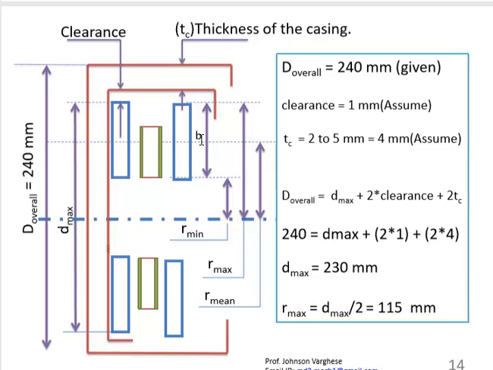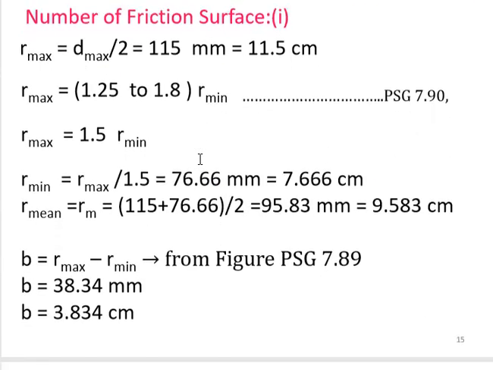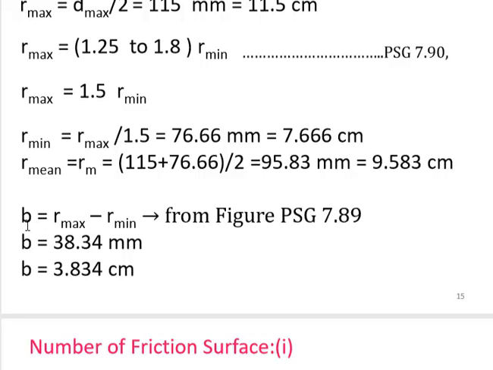You can find small b if you know R minimum and R max. So I have come up with this formula: small b is equal to R max minus R minimum, with respect to the figure. So my b comes around 38.34 mm, which is 3.834 centimeters.